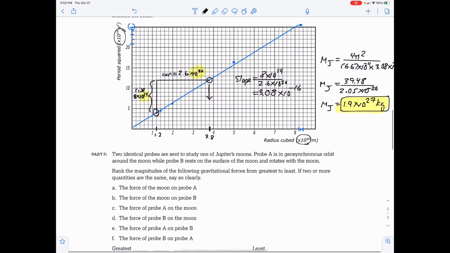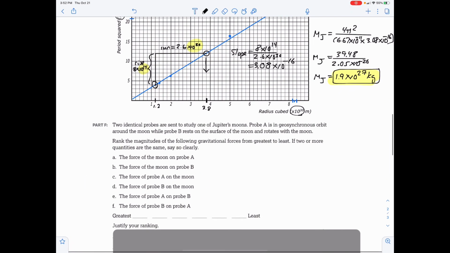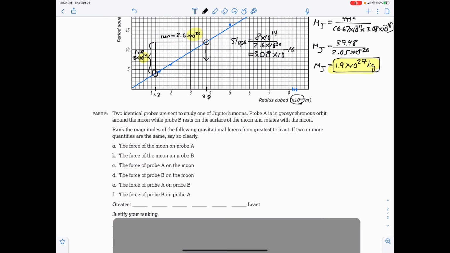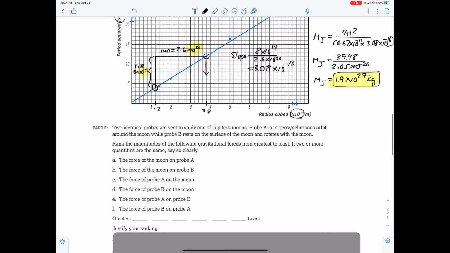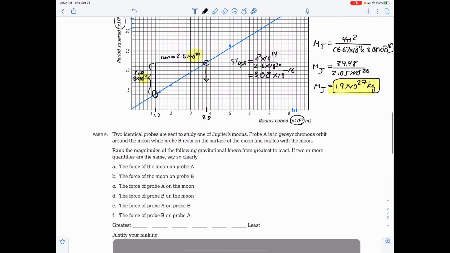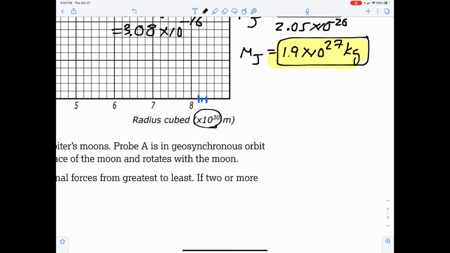Okay, but now the question continues by saying part F, 2 identical probes are sent to study one of Jupiter's moons. Probe A is in geosynchronous orbit around the moon, while probe B rests on the surface of the moon and rotates with the moon. Geosynchronous means this.